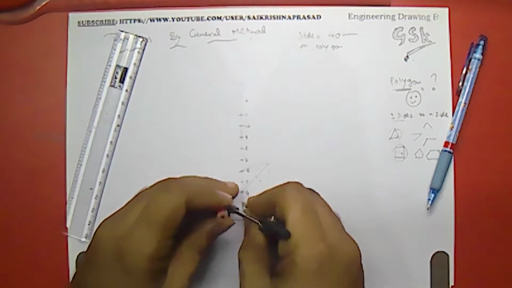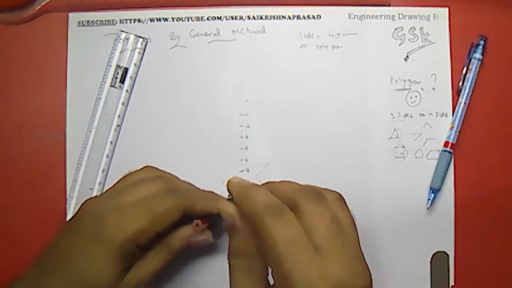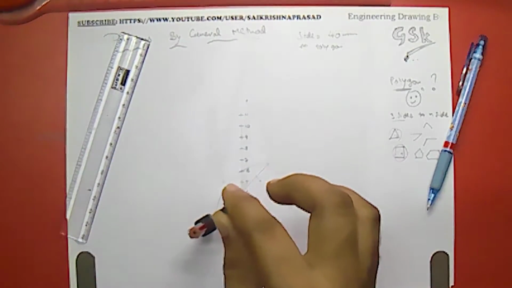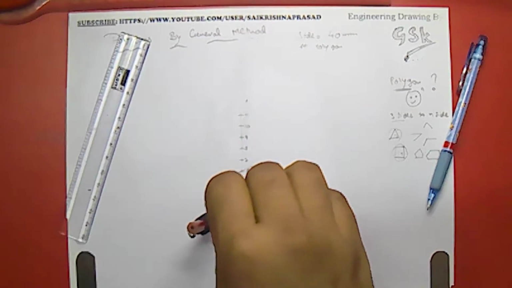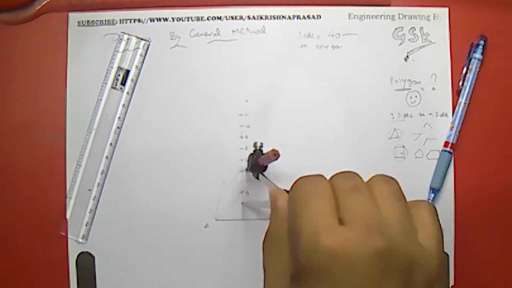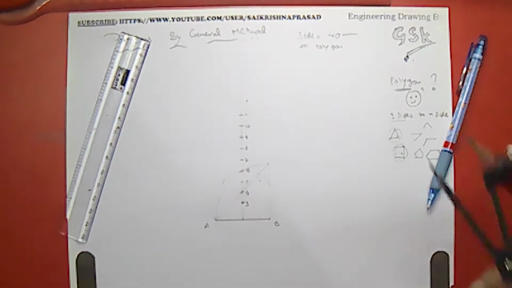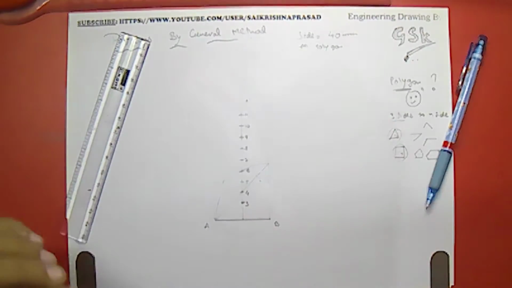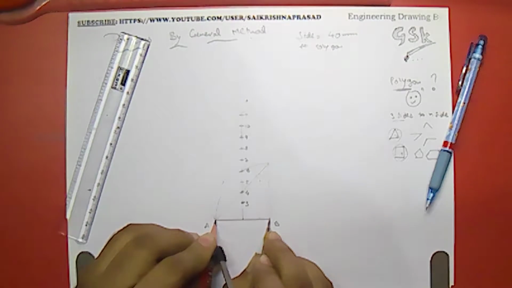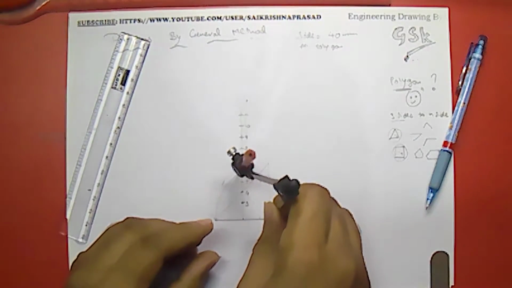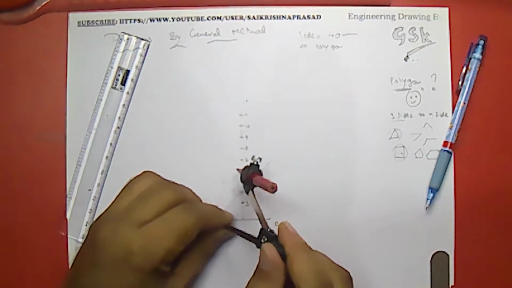Now take 3 as center, take 3A as radius, that would be equal to 3B. Now draw a circle. And take AB as length, cut an arc on this line and here.